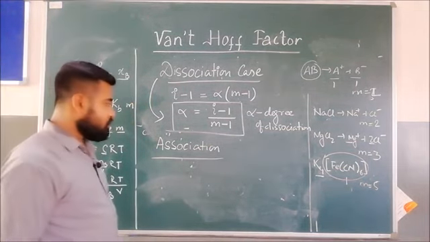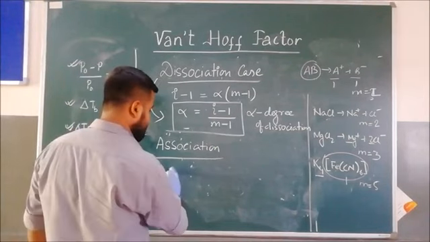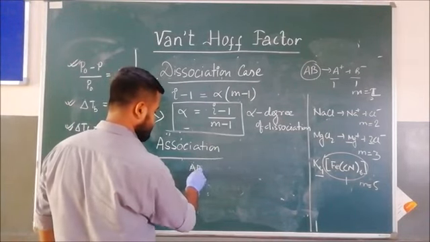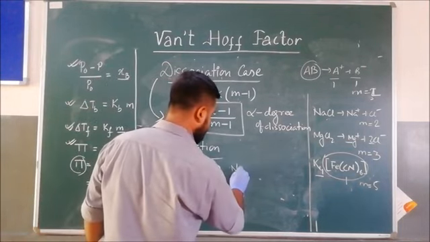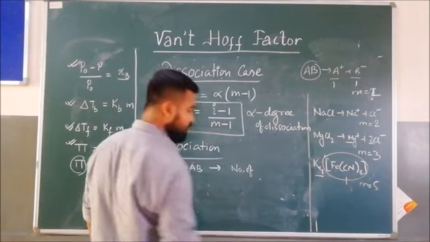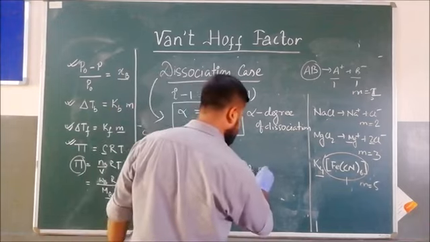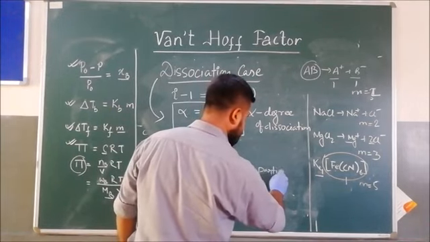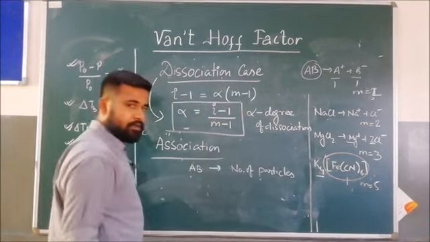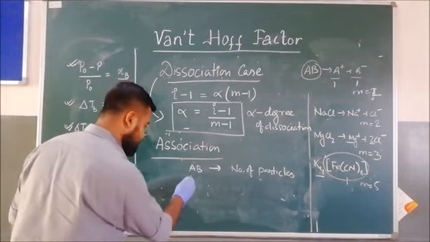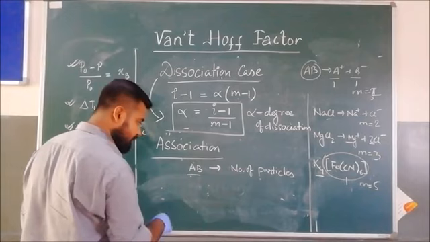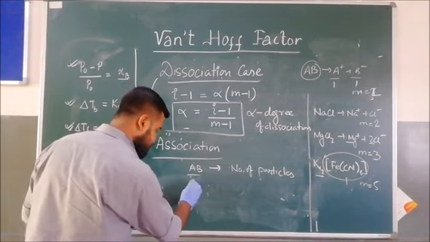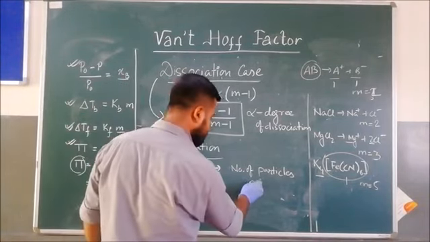In case of association, again AB when associated gives some number of particles, but since they are associating, initially it is 0.